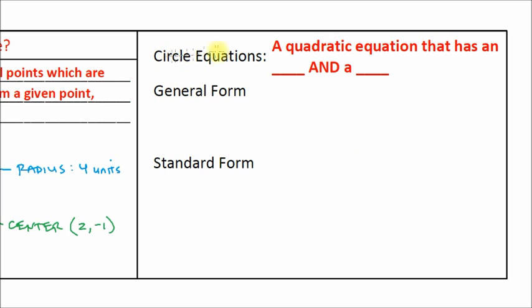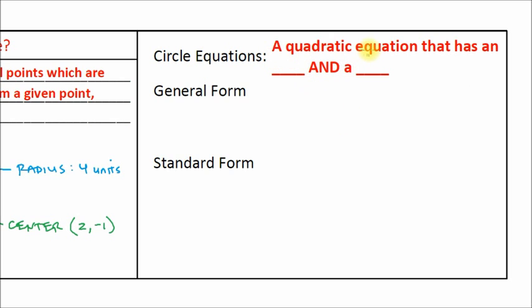The first thing I want you to write about circle equations is that a circle equation is just another quadratic equation. Just like we've been doing parabolas with quadratic equations, a circle equation is also a quadratic equation. But the difference is, it has an x squared and a y squared.